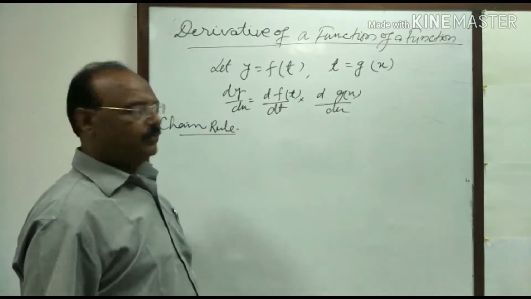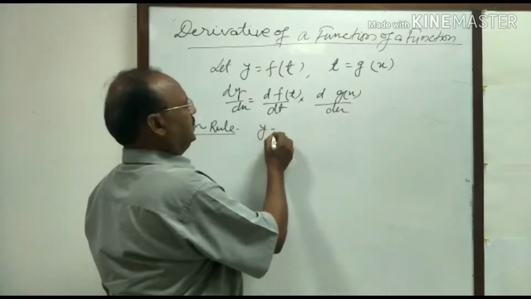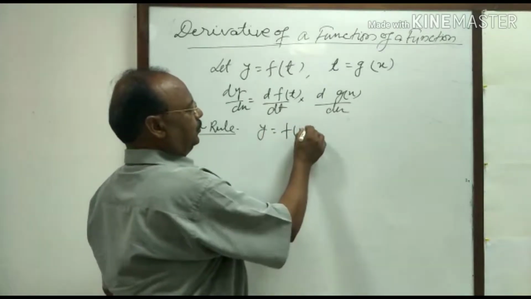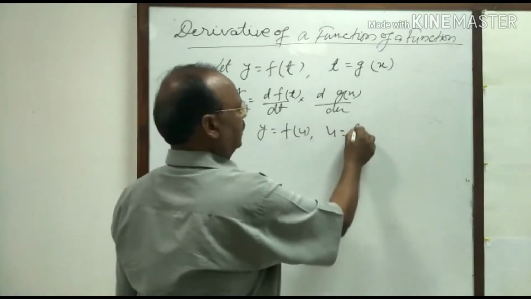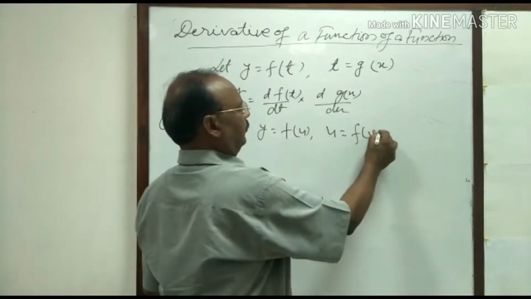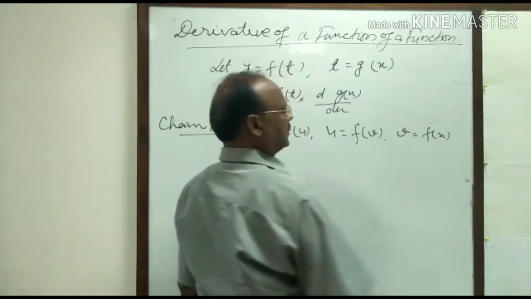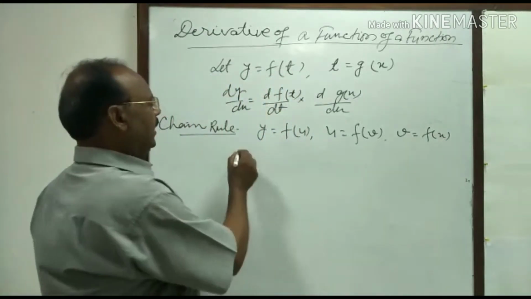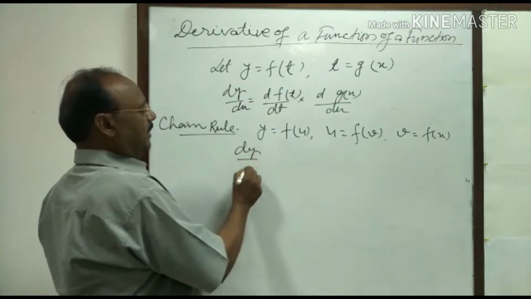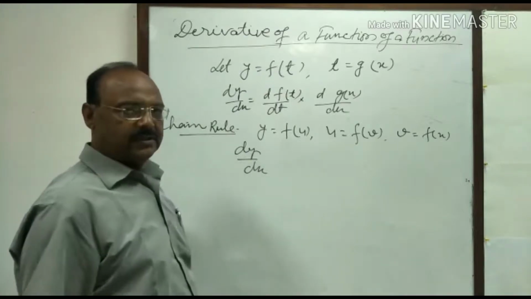Similarly, suppose y is a function of u, u is a function of v, and v is a function of x, and we have to find out derivative of y with respect to x.